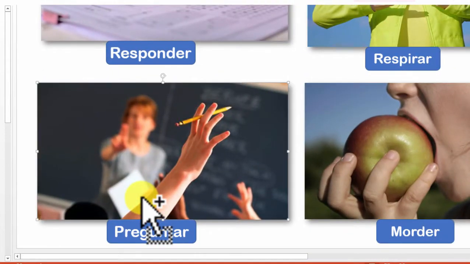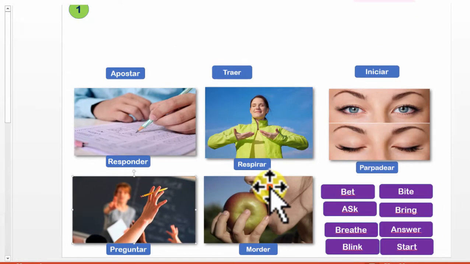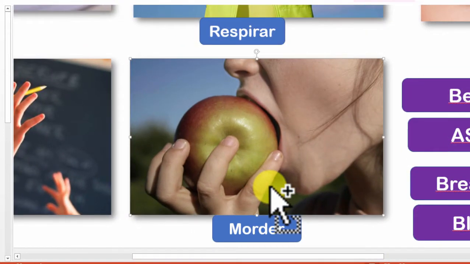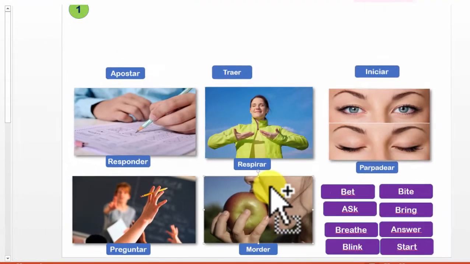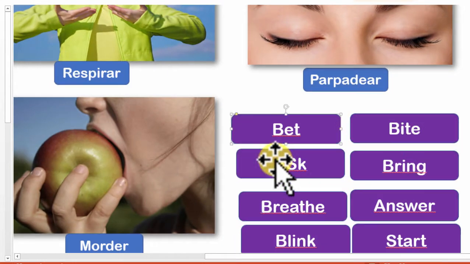Preguntar. Morder. Bueno, aquí vamos a tener los verbos bet, bet.